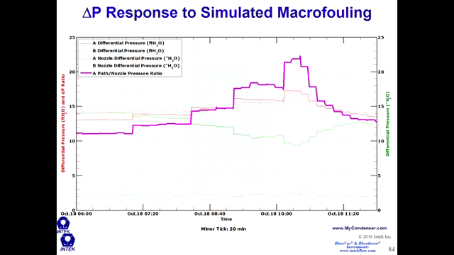And so the ratio of the differential pressure across the condenser over the differential pressure across the nozzle is shown here in this magenta color. This is the same time period as the ball injection test, and you can see here the first injection of 1,000 balls, then 2,000, 2,000, and 2,000. And it's an inexpensive way and a very good way to monitor the number of tubes that are obstructed from macrofouling.